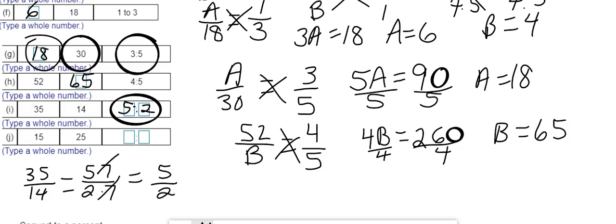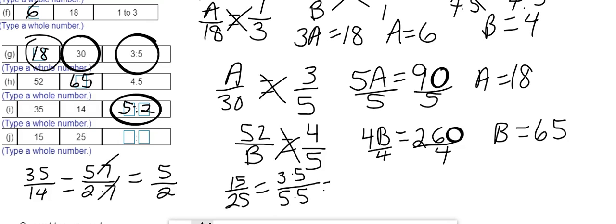On the last part, letter J, 15 to 25 is the same as, and we're going to do the same thing. We're going to reduce the fraction. 15 is 3 times 5, and 25 is 5 times 5.